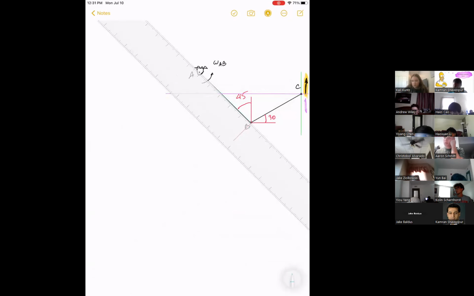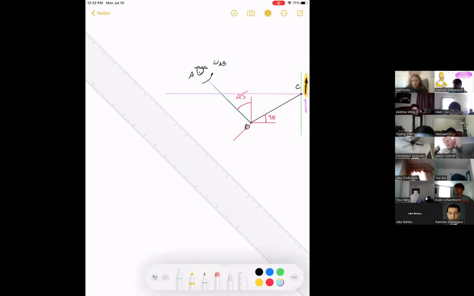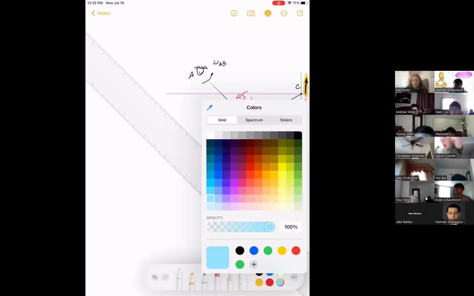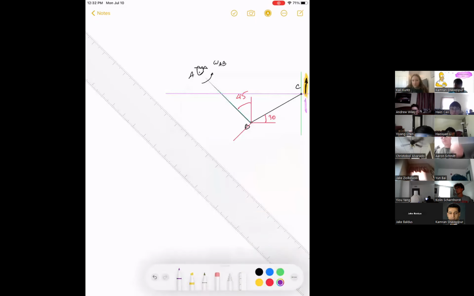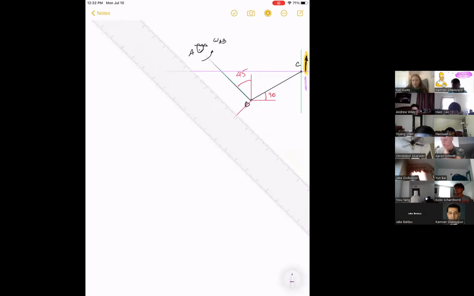And interestingly, let me just change the color because that's not visible. I'm going to go with the dark purple.